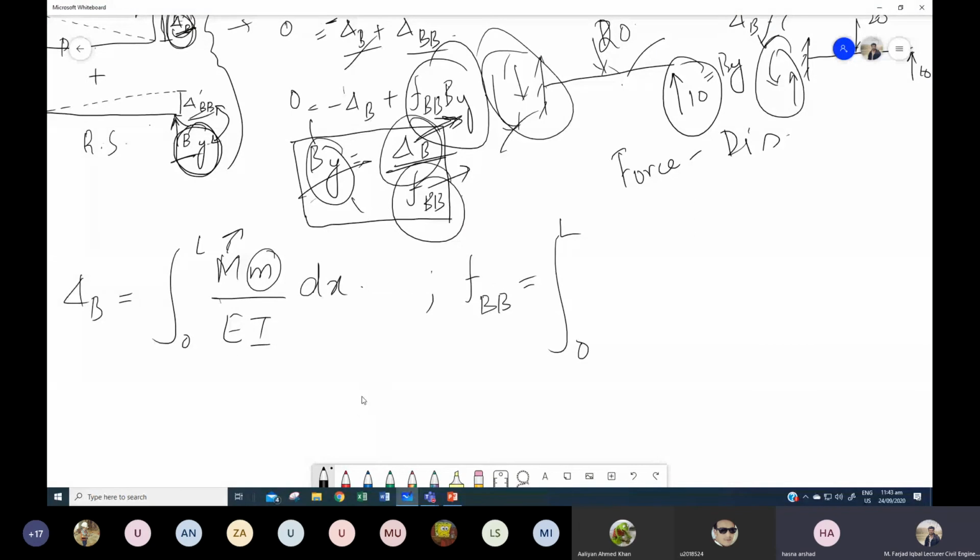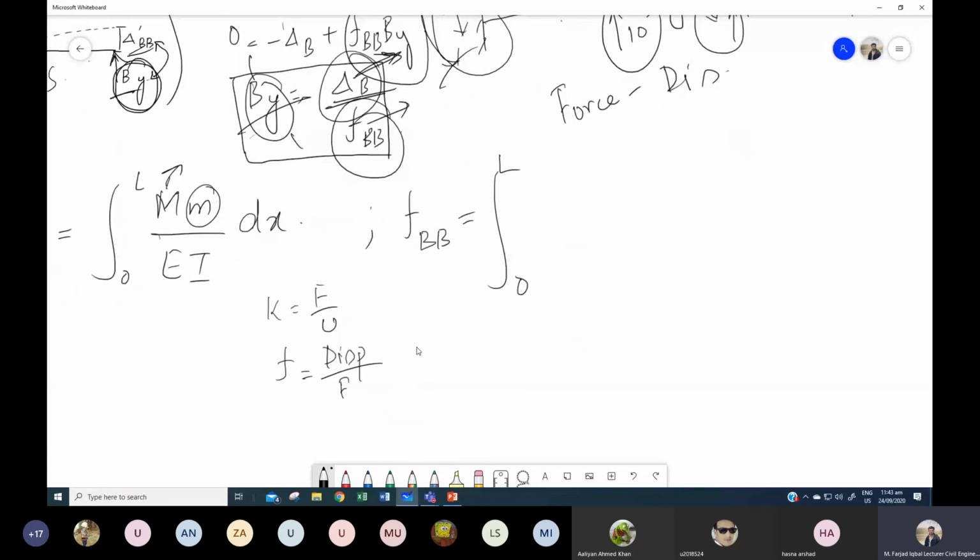Inverse of stiffness. इनवर्स ऑफ स्टिफनेस। स्टिफनेस क्या होती है? फोर्स पर यूनिट डिस्प्लेसमेंट। Yes, sir. So what is flexibility? Displacement per unit load, right? इसका इन्वर्स होगा ना, तो that will be displacement per force.